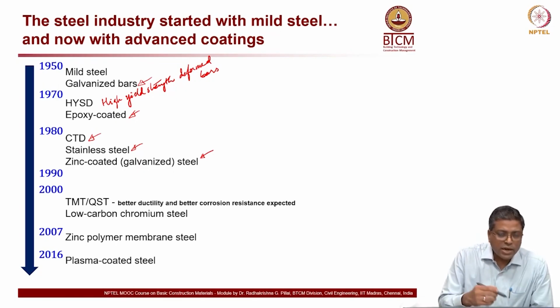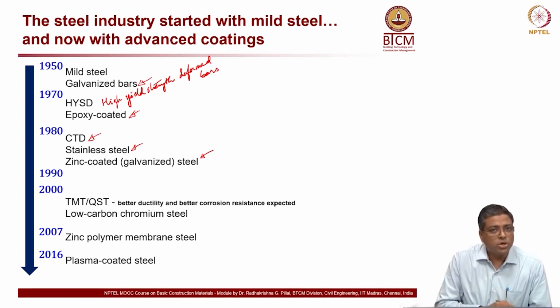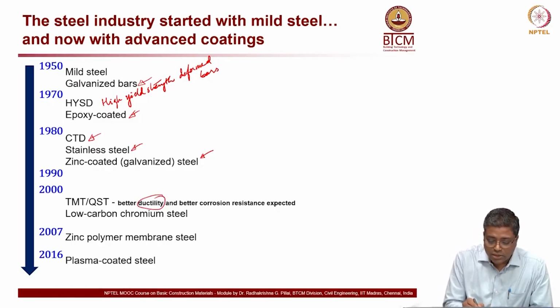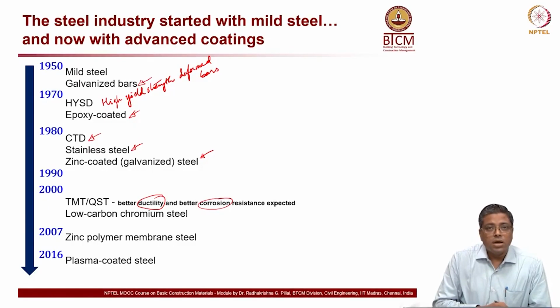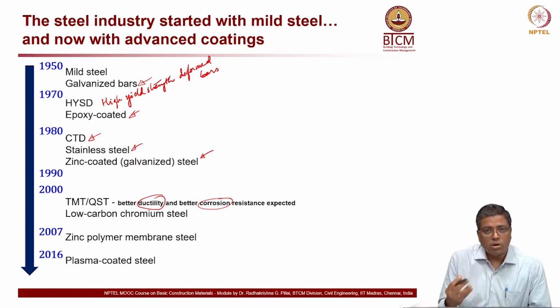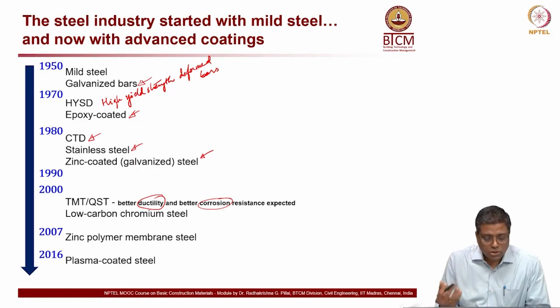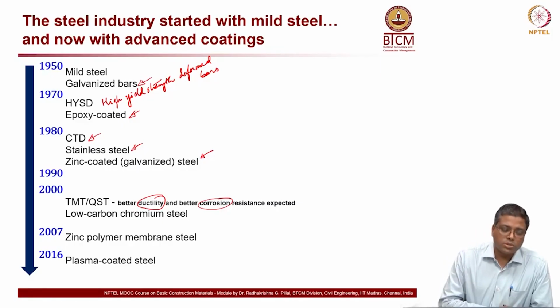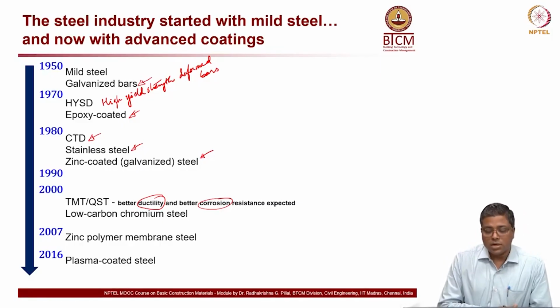And then in the 1990s, not much change, but after 2000 we started seeing PMT, mainly for ductility and corrosion resistance, and higher strength also, without really modifying much of the manufacturing process. It was a low cost option available to enhance the ductility and at the same time get better strength.